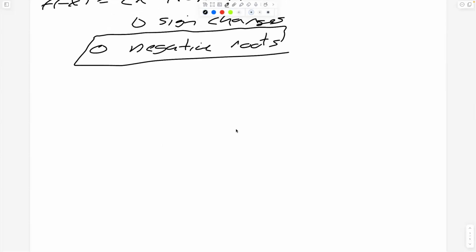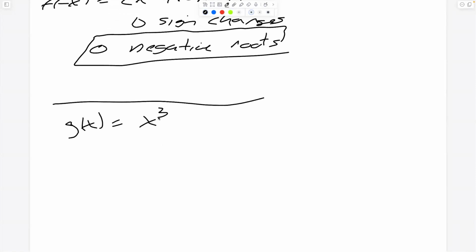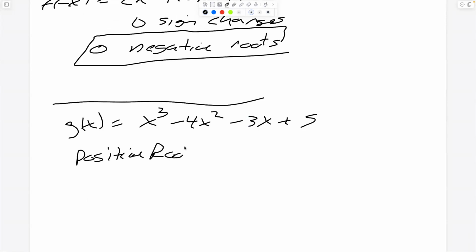Okay, let's make up another example here. So say we have g of x equals x cubed minus 4x squared minus 3x plus 5. Okay, so sign changes. So this is for positive roots. We use the original. I've got one sign change.